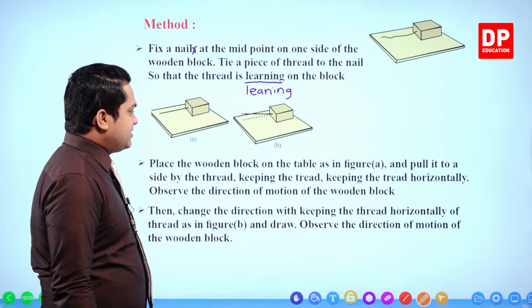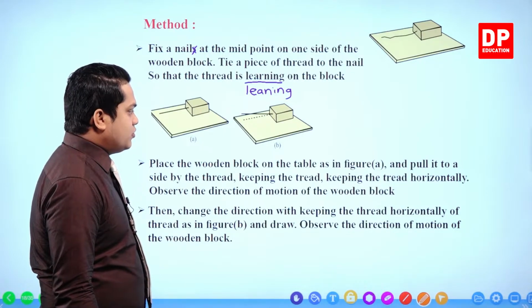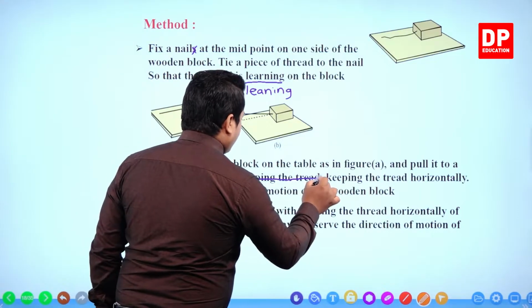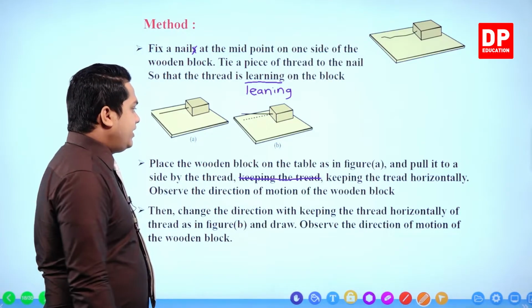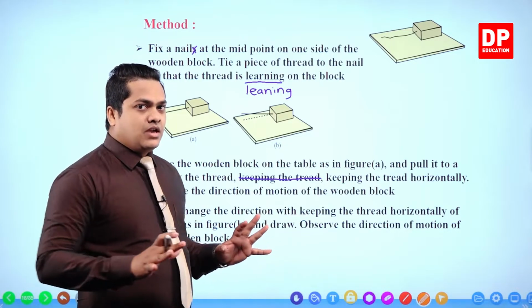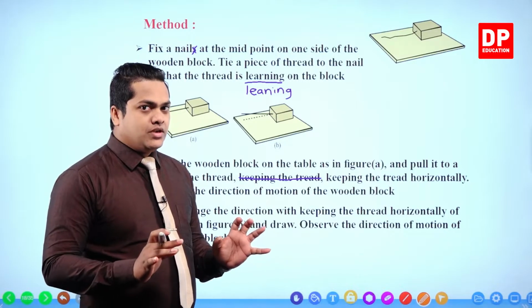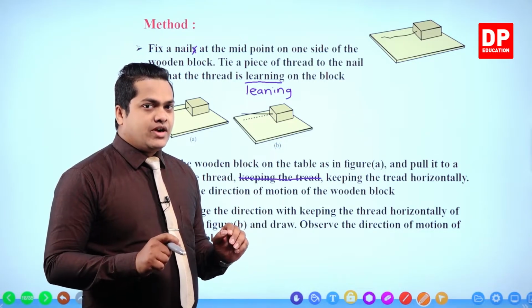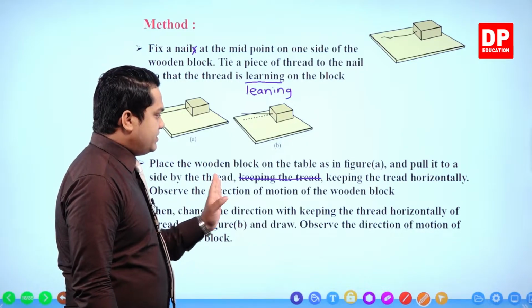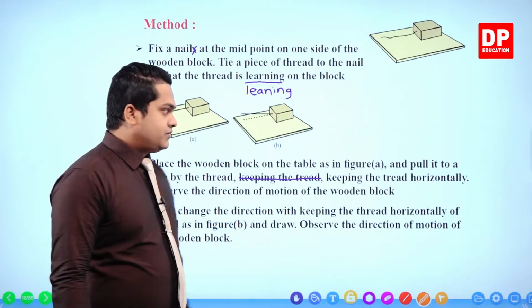Now here you can observe that the phrase keeping the thread has been repeated once more. So I'll cut one in here. In your textbook also you can observe the same thing, right? They also have repeated the same step. So I'm not going to recorrect the things which are included in your textbook. I'm going to mention these things specially for you guys, okay? So in your textbook also, my dear children, there is a small bit of a mistake in here, right? So I have erased it right now.